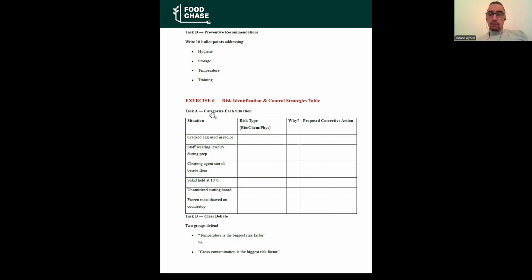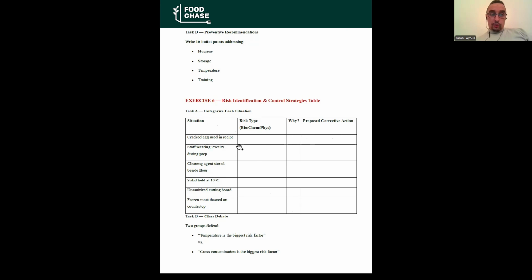For exercise number six, the objective is to analyze risk identification and control strategies in two tasks. Task one is about the categories of each situation. We have different situations in the first column, and the objective is to complete the table for each situation with the risk type, why we have this risk, and your proposed corrective action.